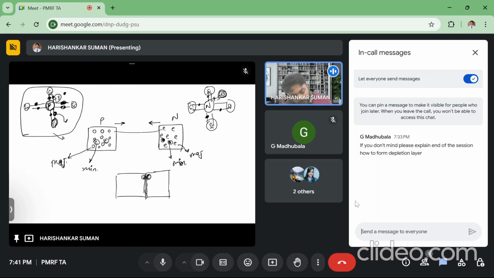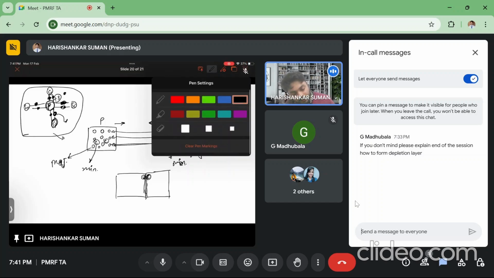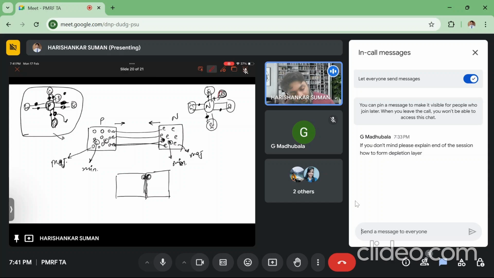An electron can come to this hole and they recombine and leave a positive charge on the atom. Let's say this electron goes to the p side.